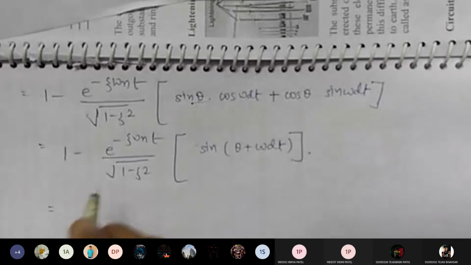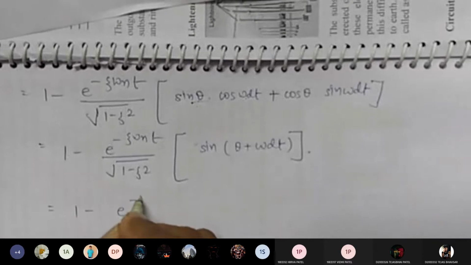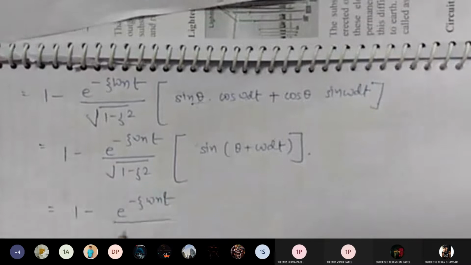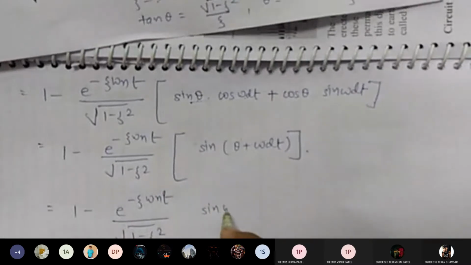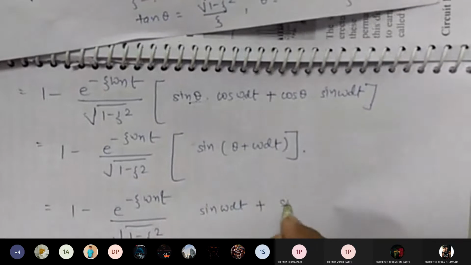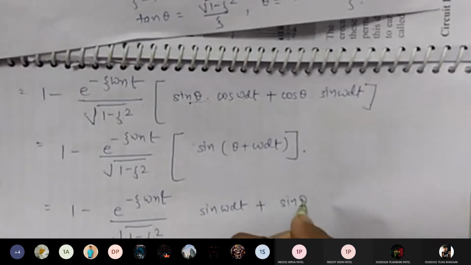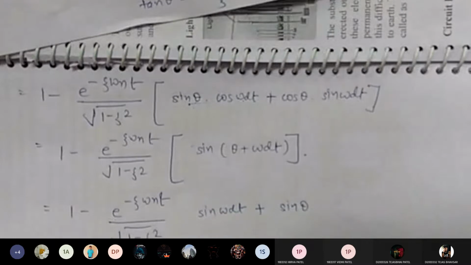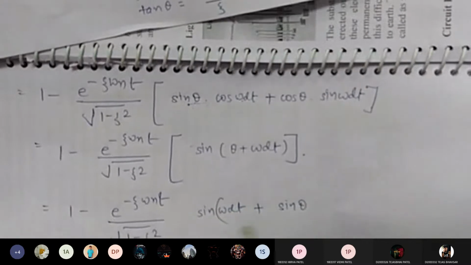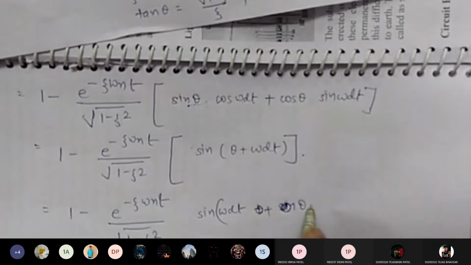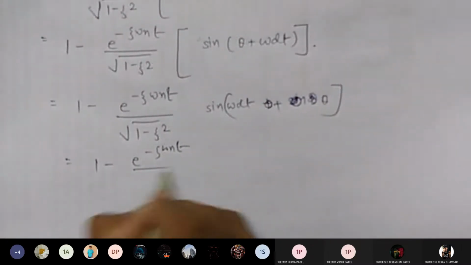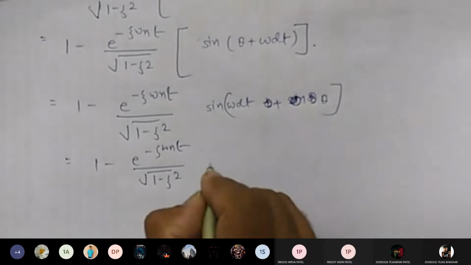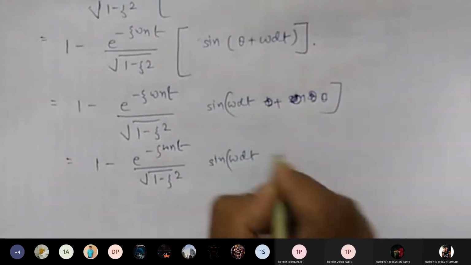Then it is 1 minus e raised to minus zeta omega n into t, under root 1 minus zeta square, sin omega d t plus theta, sorry, sin of omega d t plus theta.